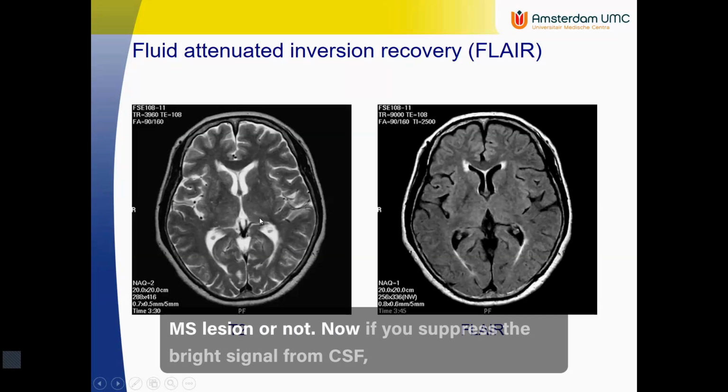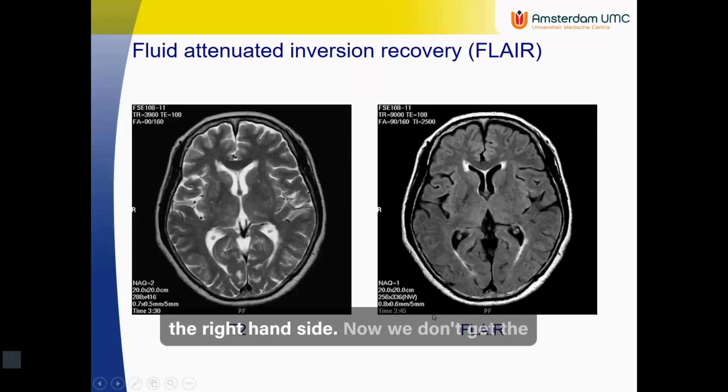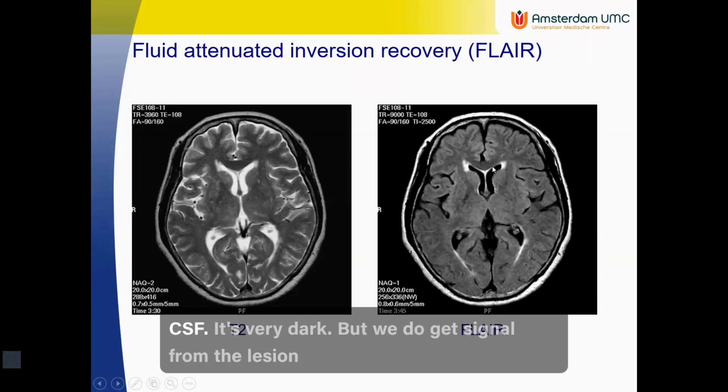Now, if you suppress the bright signal from the CSF, you get the FLAIR image shown here on the right-hand side. Now we don't get the CSF, it's very dark, but we do get the signal from the lesion because it is a T2 weighted signal.